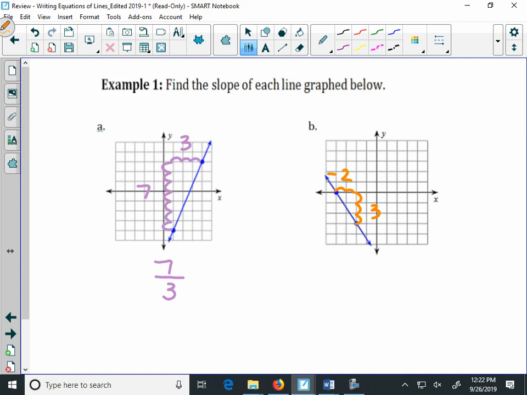So my rise over my run will be, my rise was 3, my run is negative 2. Totally fine if you leave it like that. If that bothers you, just bump the negative up to the top. Also the same as saying negative 3 over 2. Totally fine to keep it like that. Question.